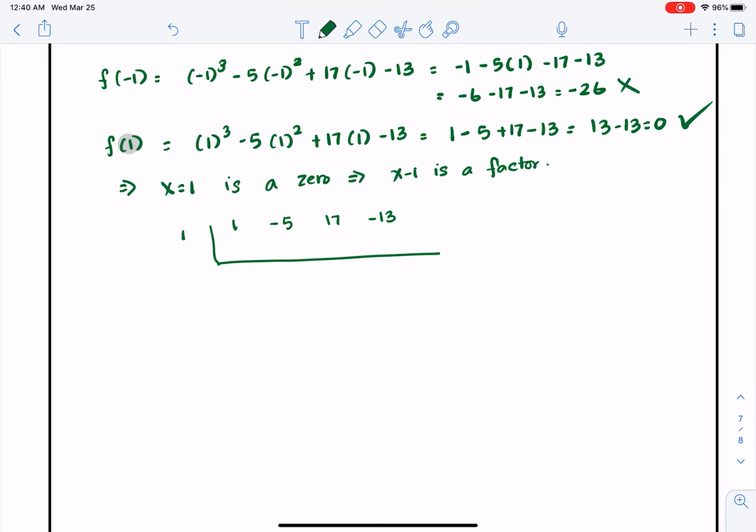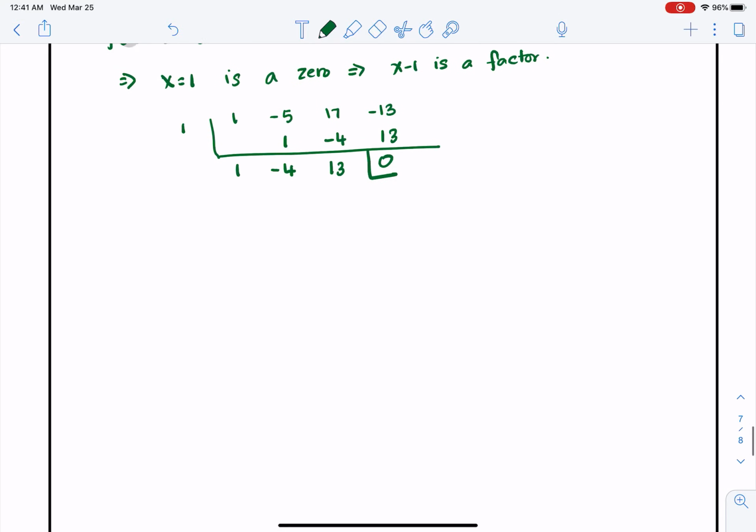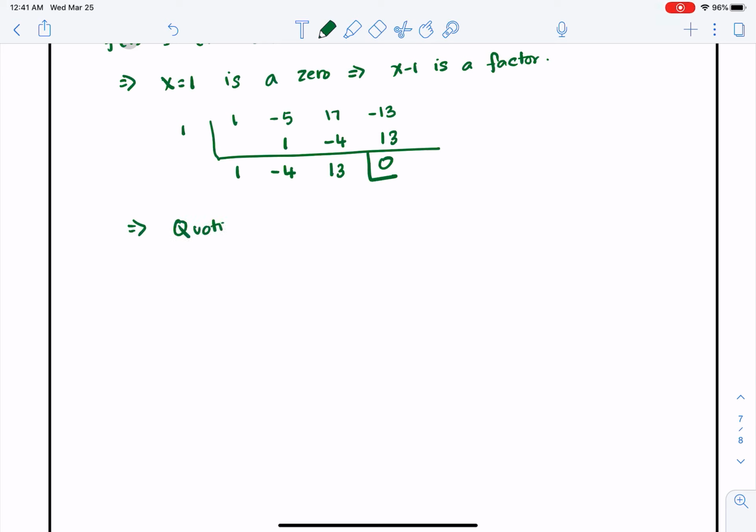So 1 goes in there, we drop that 1. 1 times 1 is 1, so 1 goes up there, add, negative 4. 1 times negative 4 is negative 4, add 17, minus 4 is 13. 1 times 13 is 13, we add, and we end up getting 0. So that leaves us with the quotient term, x squared minus 4x plus 13.